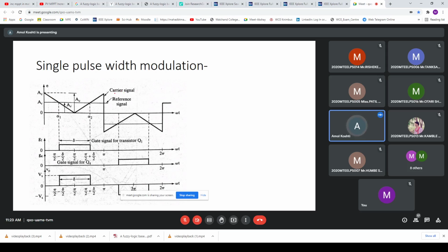One is referred to as a carrier signal, the other signal is referred to as a reference signal. By using these two, we produce the pulses. How we use this, you just see here.